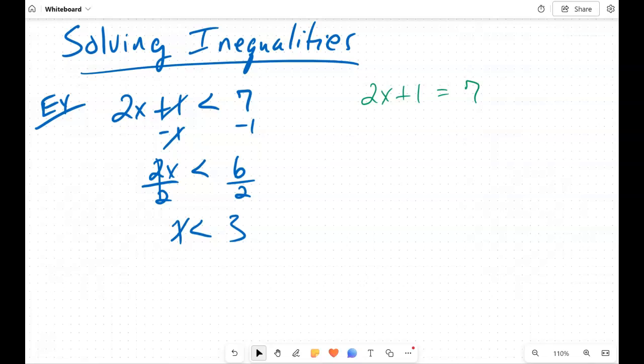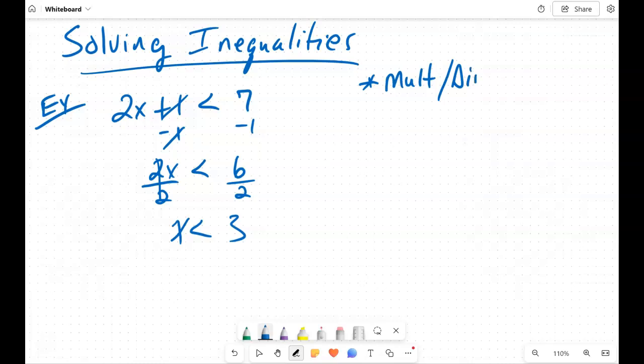Now, I did mention that there are a few things where inequalities operate differently than our equations. There's really only basically two scenarios. One is anytime that we multiply or divide by a negative number.